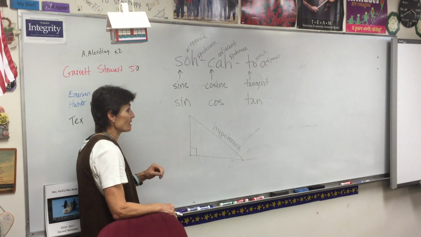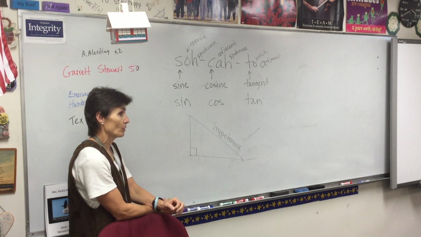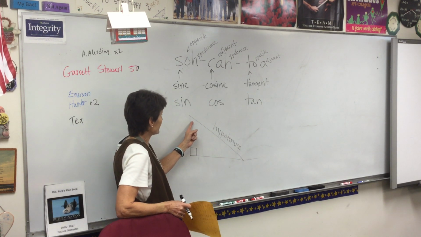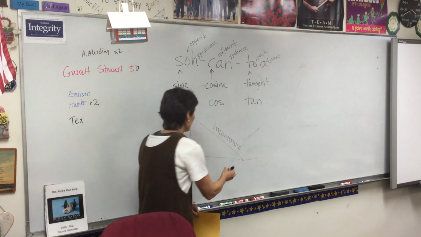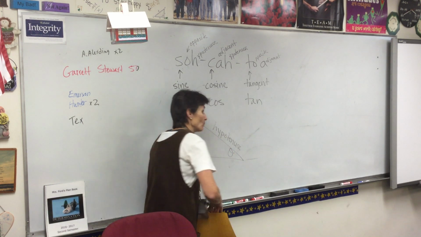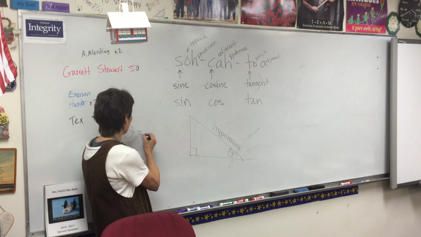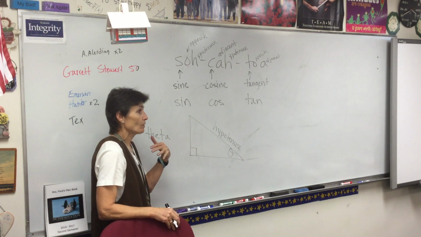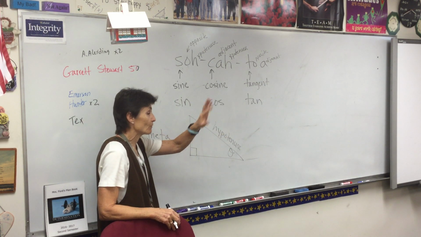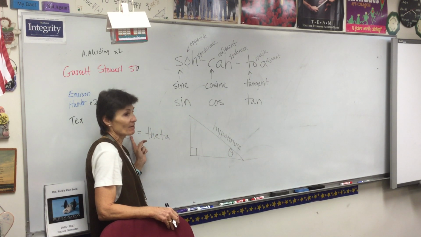Now, the opposite and the adjacent side depend totally on which angle you are looking at. You could be looking at either this angle or this angle. If you're looking at this angle, and we're going to call that angle theta, that is not a zero, it is the Greek letter theta. If you've gone down a university campus and seen the fraternity and sorority houses, some of them have thetas in them.